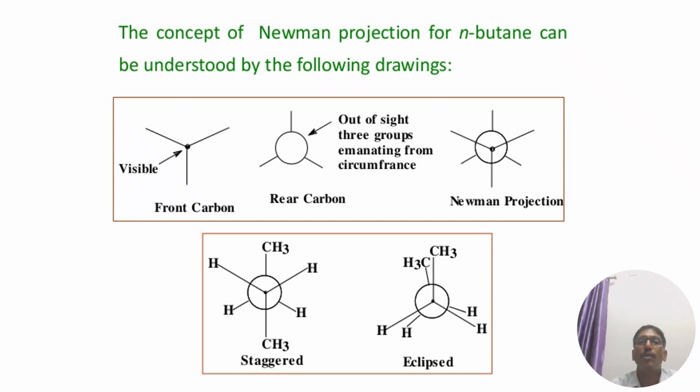And this is the overall Newman projection, where the front carbon is quite visible with all three groups, whereas the back carbon has three groups, but we don't see them clearly. A good example is n-butane, where the staggered conformation clearly depicts a good dihedral angle, whereas in the eclipsed one, at a zero dihedral angle, the groups are facing each other. Hence, that will have more steric as well as torsional strain compared to the staggered one.